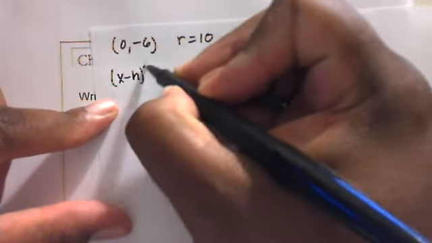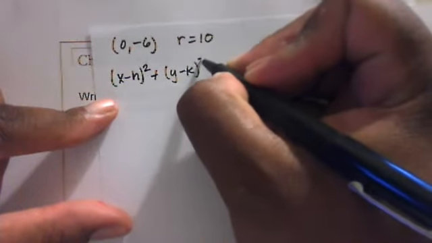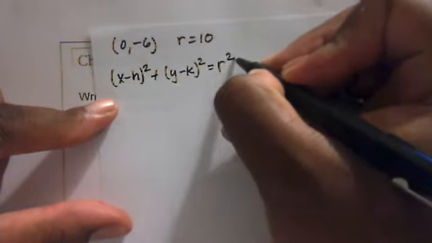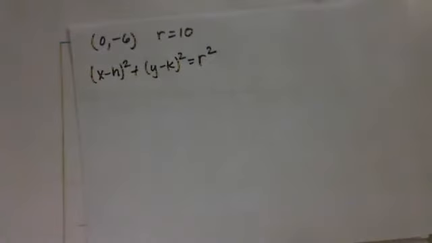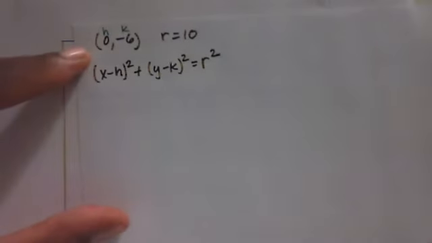Again, the standard form is x minus h quantity squared plus y minus k quantity squared is equal to r squared. In this case, 0, negative 6 is the center, so h is 0 and k is negative 6.